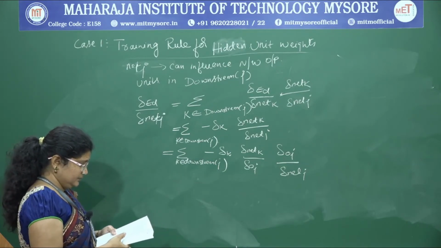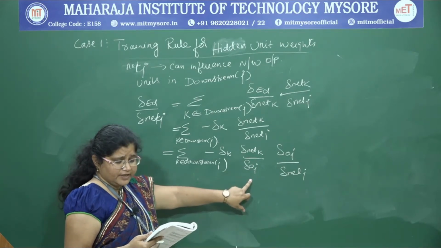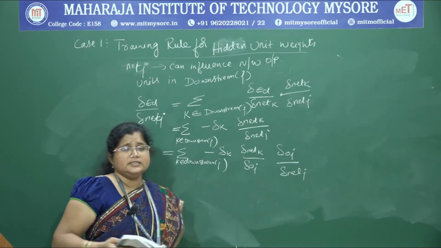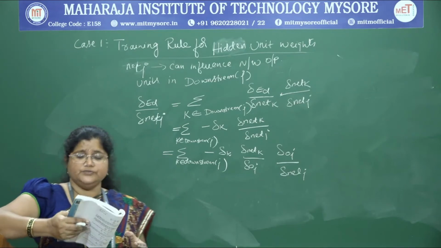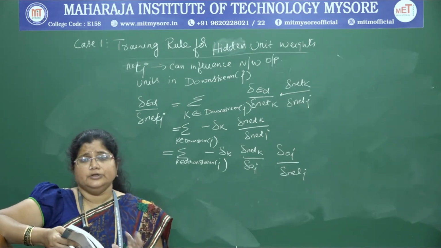So here delta net k by delta oj is the net weight we are obtaining from the jth unit to the kth unit.